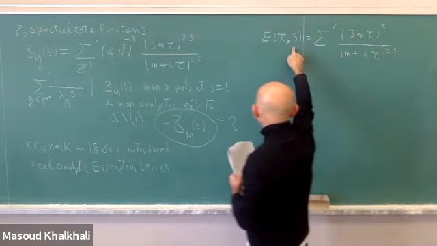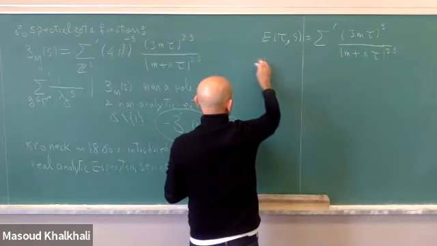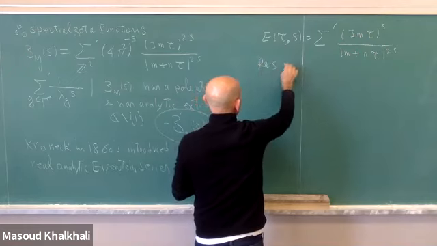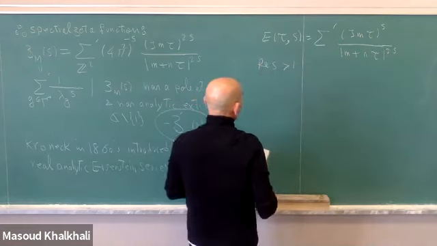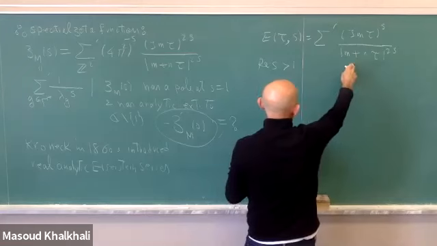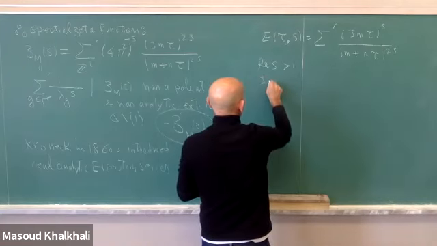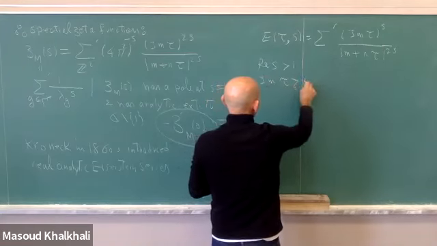Remember again, here s has real part bigger than 1. This is holomorphic originally, and the imaginary part of tau is positive.